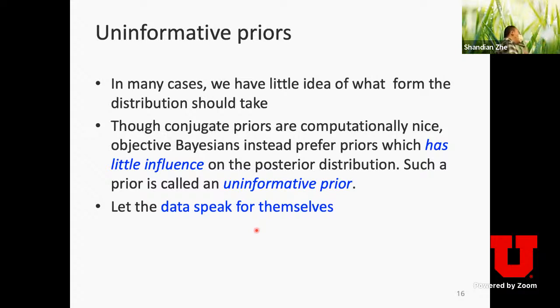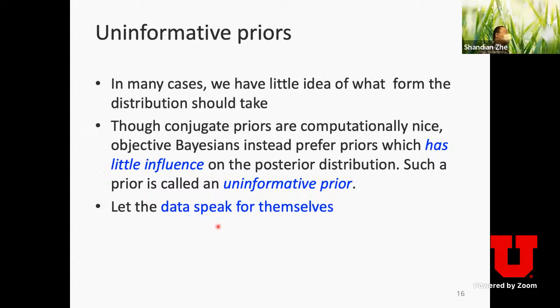So the objective Bayesian people are thinking of constructing priors which have as little influence as possible on the posterior distribution. If we can find such a prior, it is called an uninformative prior. In other words, we want to make the prior so little informative that we can let the data fully speak for themselves.